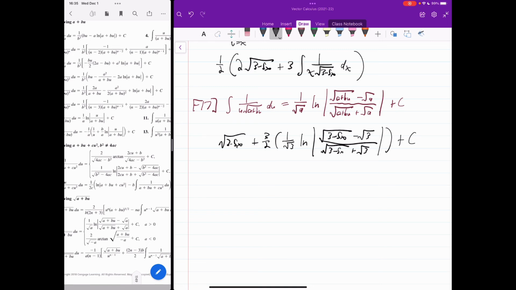And it's annoying. We're going to rewrite this entire thing just to deal with this simplification that can happen there. I know. Radical 3 minus 5x plus root 3 over 2 ln, big absolute value, radical 3 minus 5x minus root 3 over radical 3 minus 5x plus root 3, plus c.